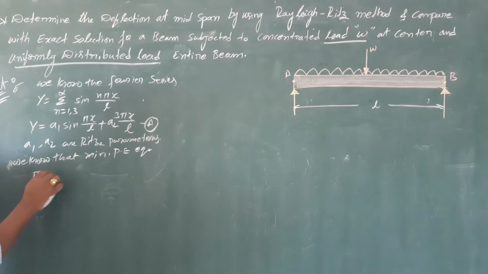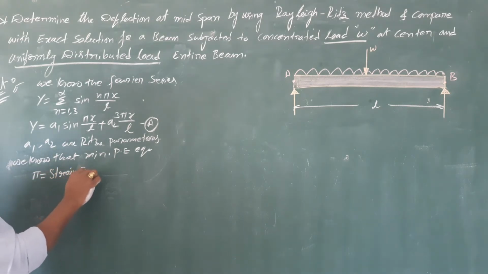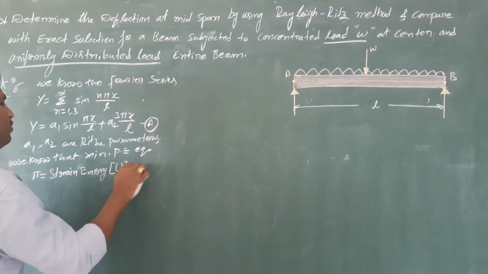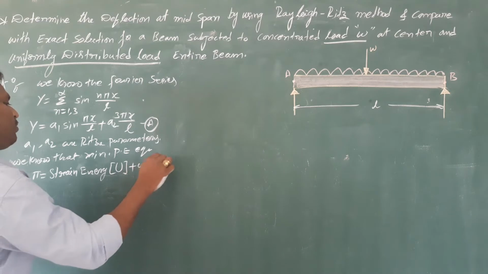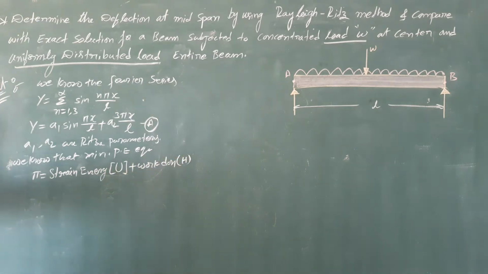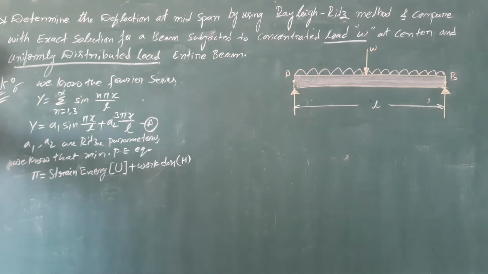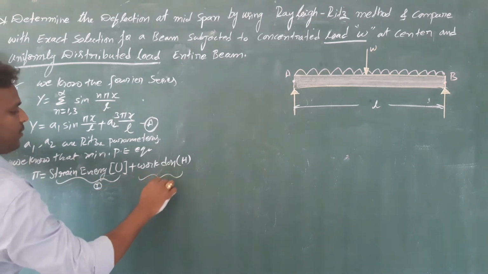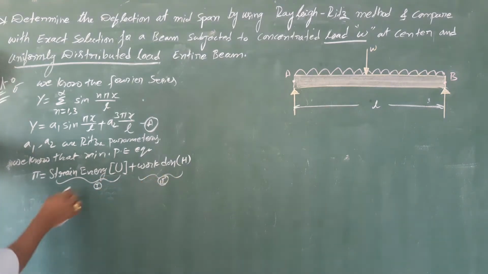Phi is equal to the strain energy U plus the work done H. First I will take the first term individually, and then the second term.